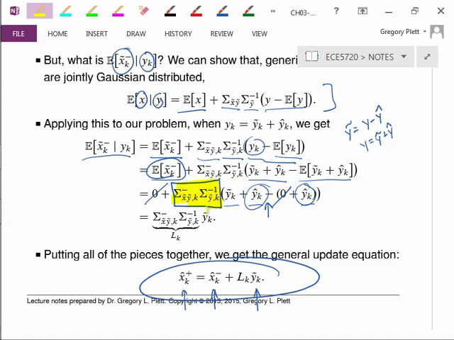One thing we notice, though, is that there are these covariances of variables that are required to implement this, and because of that, we not only have to compute an estimate of the state, it turns out we have to compute a covariance of that estimate and keep that in the Kalman filter.